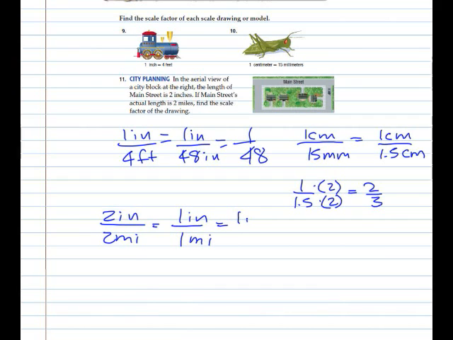So we have 1 inch here is 5,280 feet. That's feet per mile, in which we then have to change to inches per mile. So we're going to take our 5,280 times 12, which gives us 63,360 inches. So believe it or not, our scale factor is 1 to 63,360.